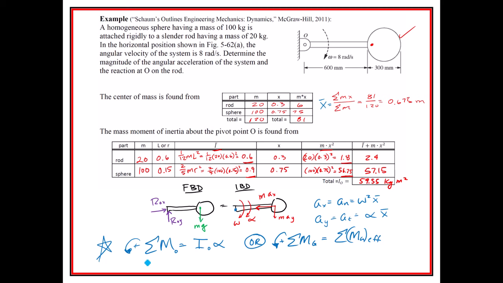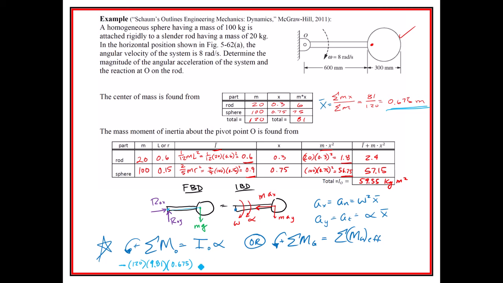We write this. We could say that the moments on the right hand side about this are going to be a negative mg. So the total mass is 120, and the gravity is 9.81, right? And the moment arm is going to be 0.675.